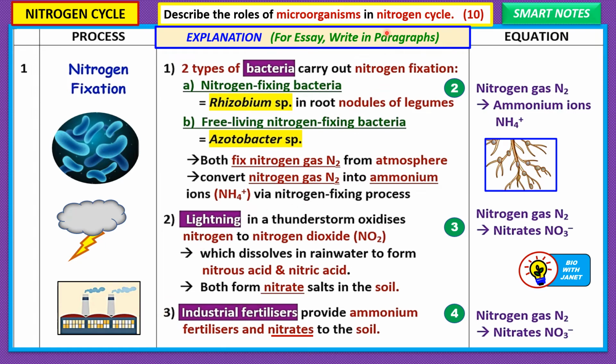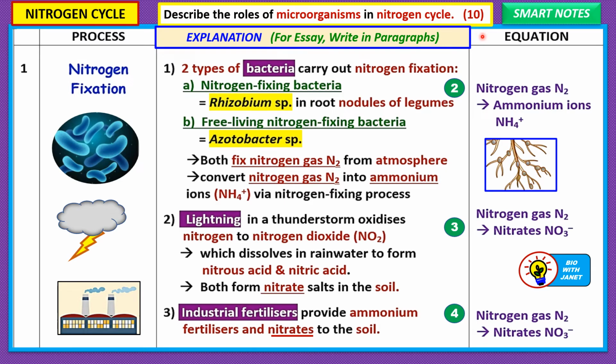Now let's discuss the learning standard, which is to describe the roles of microorganisms in the nitrogen cycle, the roles of microorganisms like bacteria and fungi. So this is 10 marks. It can be asked in the essay question for SPM. All right.